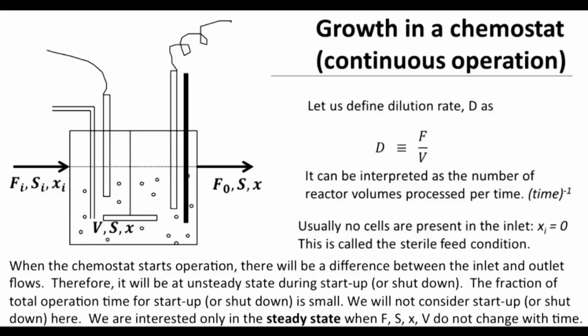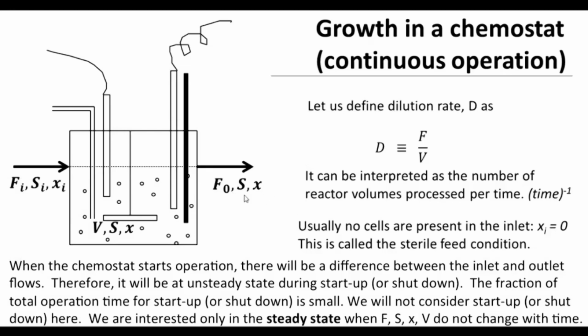So this is what is said here. The fraction of total operation time for startup or shutdown is small. We will not consider the startup or shutdown here. We are interested only in the steady state, when F, the volumetric feed rate, S, the substrate concentration at the outlet, X, the cell concentration in the outlet, and the volume of the broth, V, all these variables do not change with time.